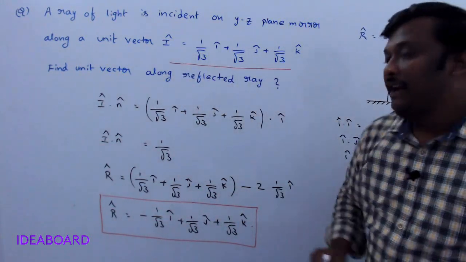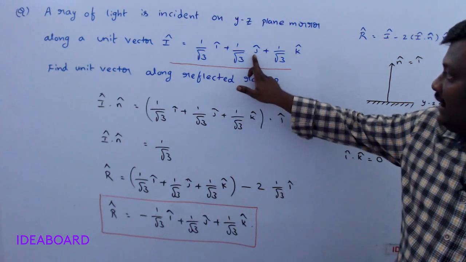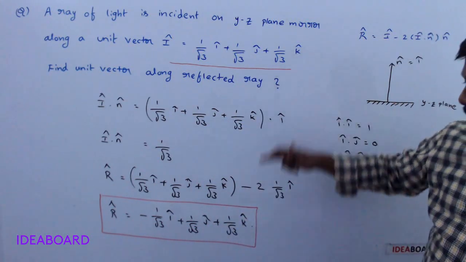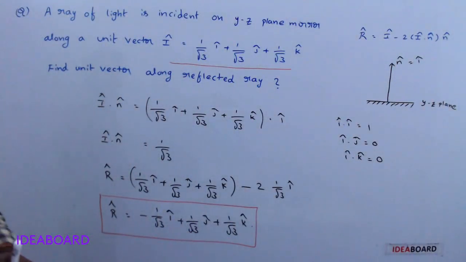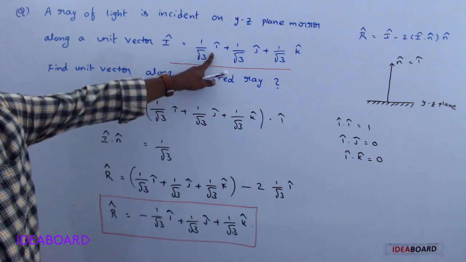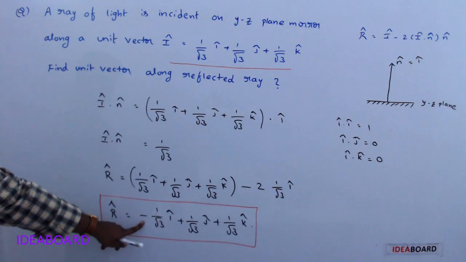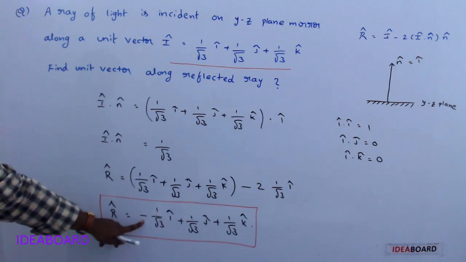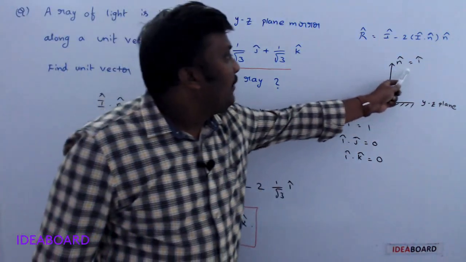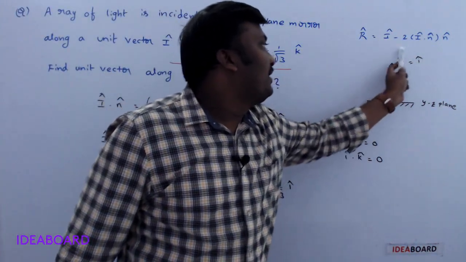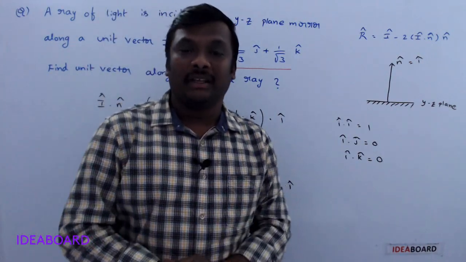Now, properly see the i cap and r cap formulas. Do you observe that the j cap component and k cap component do not change? And we just observe one minus sign, where you got the negative sign related to the i cap only, which is along the normal direction. So a small trick is there for solving the numericals.